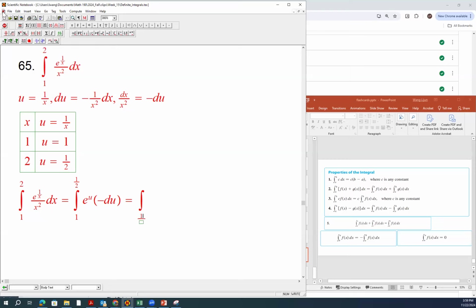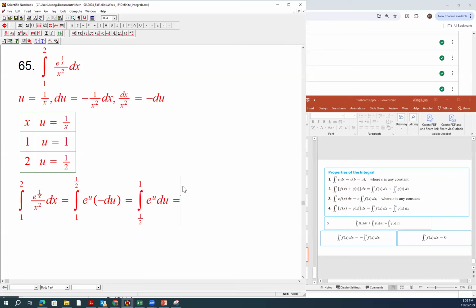So this will be half, upper limit will be 1, right? And the e to the power of u stays, and it will be generating another negative sign. So negative, negative makes positive.